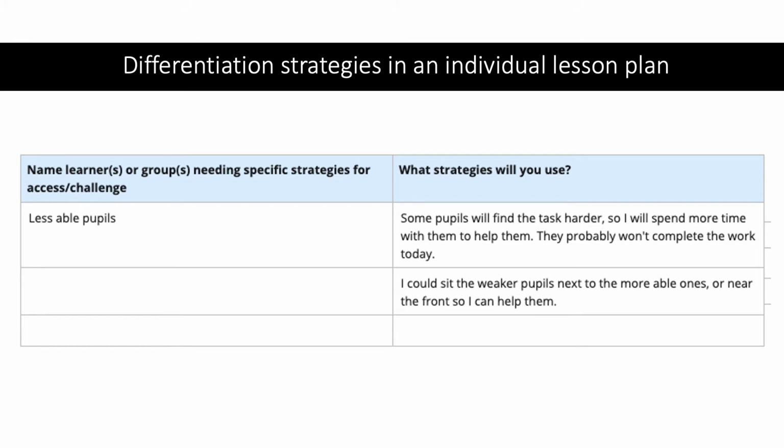So there's no sense that this student teacher is trying to tailor their approaches and strategies to particular pupils or indeed groups of learners. They have identified generally less able pupils with some quite underdeveloped and superficial comments about the strategies that might be used, but there's no evidence of real deep thinking that's gone into this, and a sense of confidence in differentiating for individuals and groups of learners.